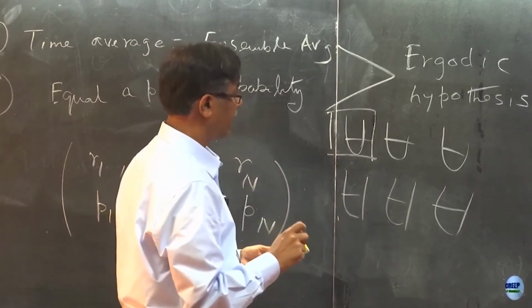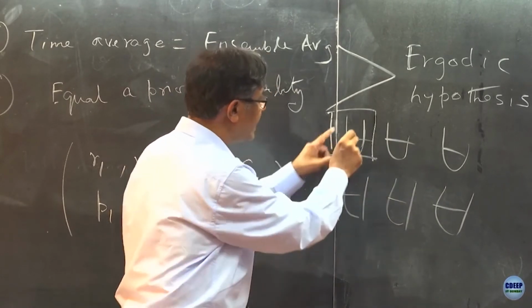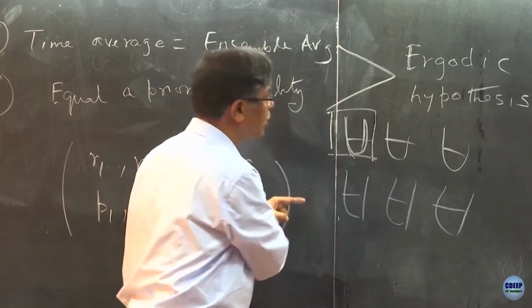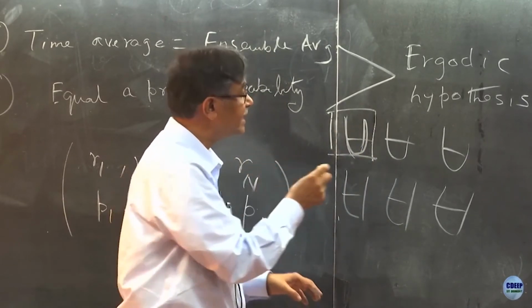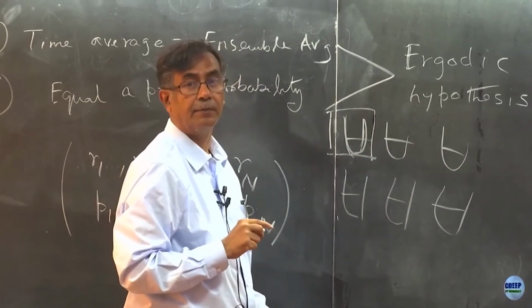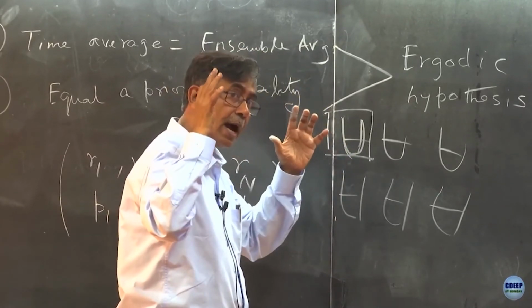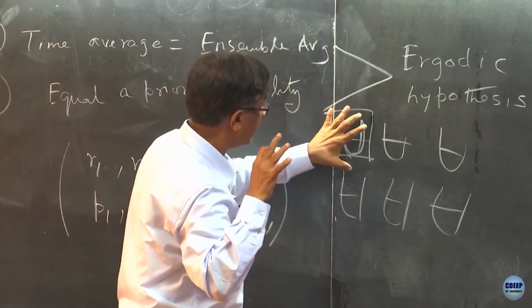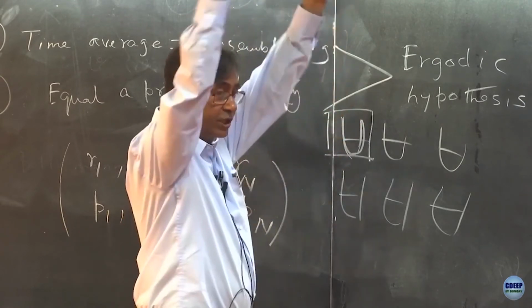Then he said, okay, if I wait for a long time, my system in question is going to go through all the microscopic states which these systems have. The collection of these copies is called an ensemble.